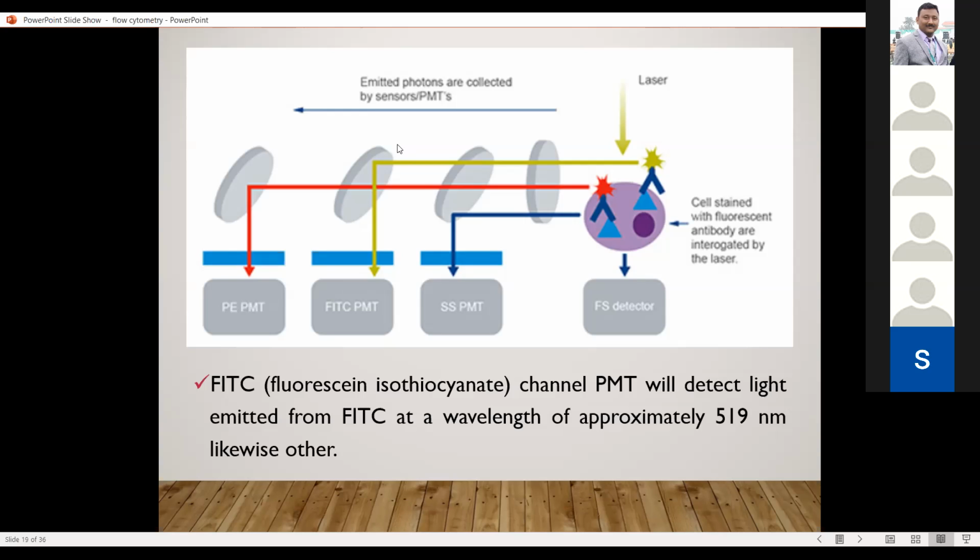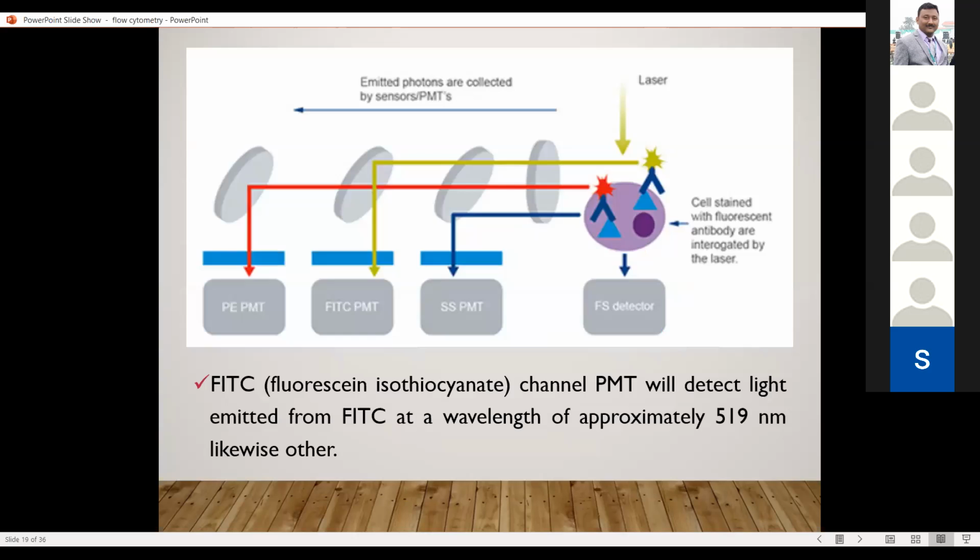So when this dichroic filter reflects this light, it will go to the detector present here, which detects light specific to FITC. As I have written also, the detector will detect light emitted from FITC at a wavelength of approximately 519 nanometers only. We can assume this red one is an FITC molecule. This FITC molecule will emit light only at 519 nanometers.